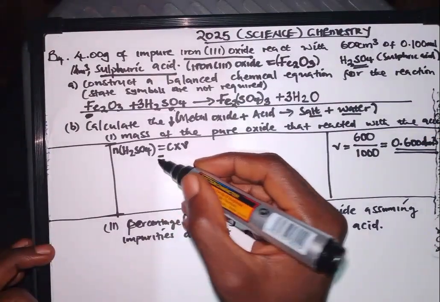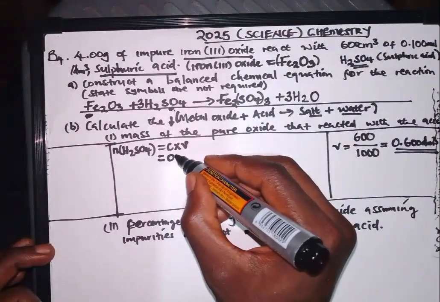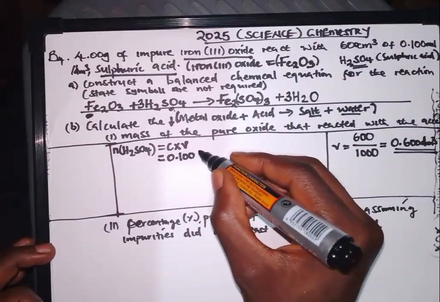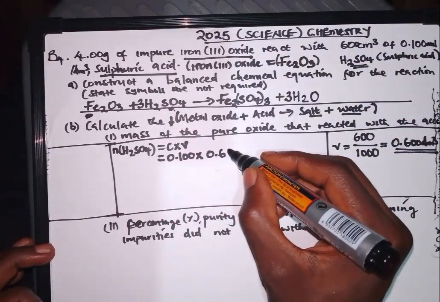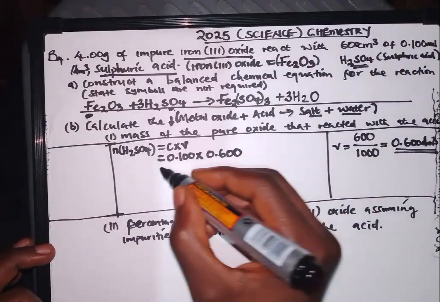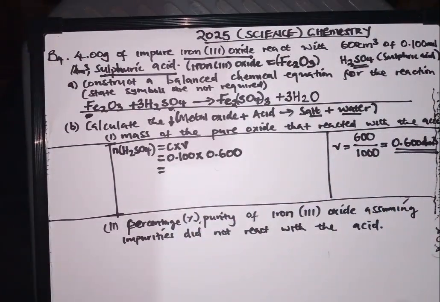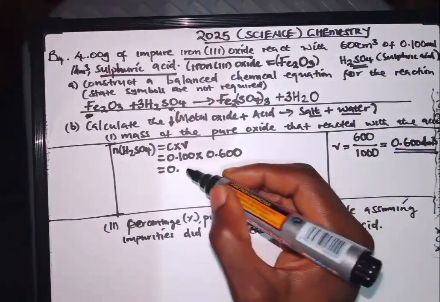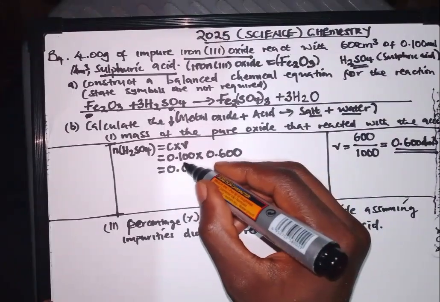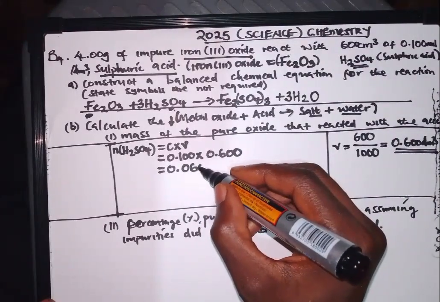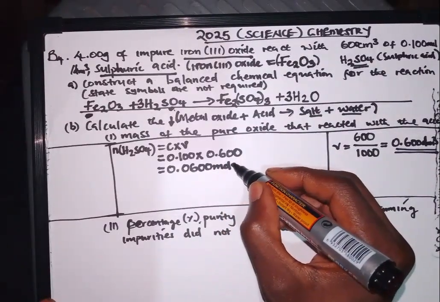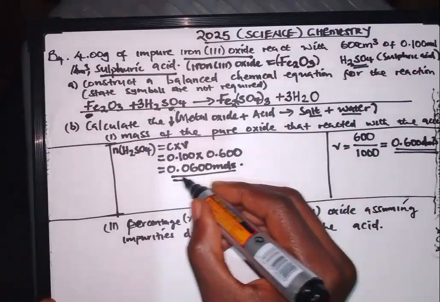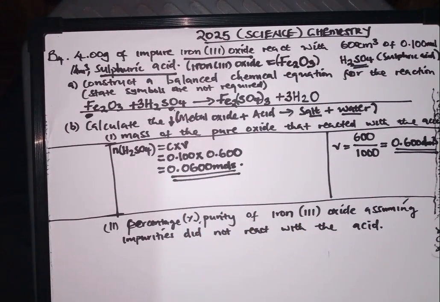So the concentration we said it was 0.100, then the volume we found it to be 0.600. So remember, if you haven't converted, your answer will be wrong. So the answer we'll get is 0.0600 moles. Yeah. So our first step is done.